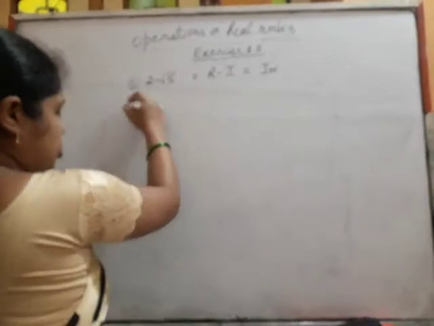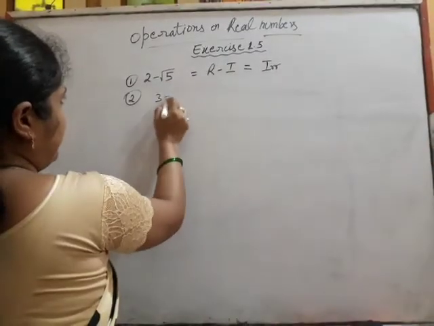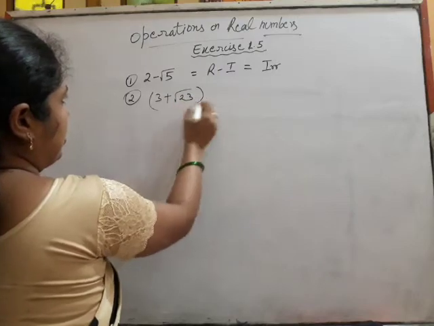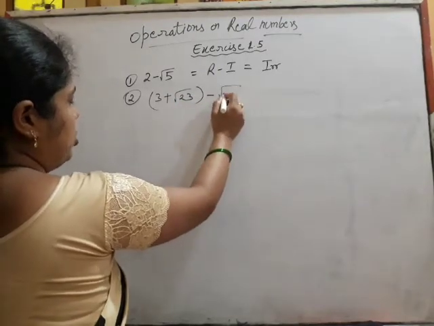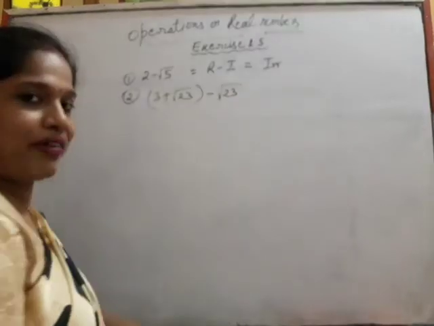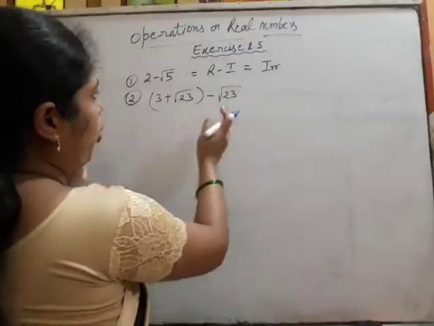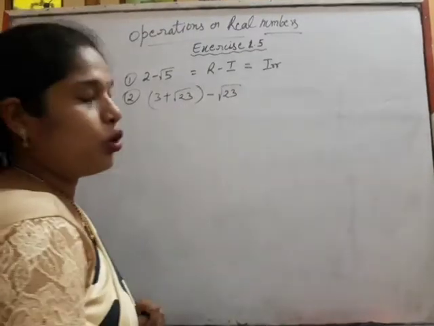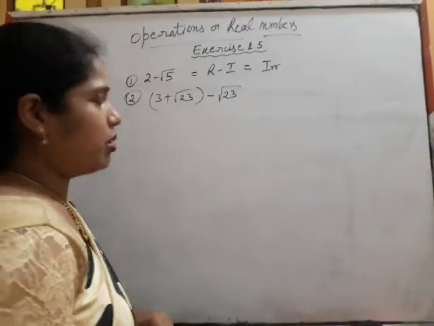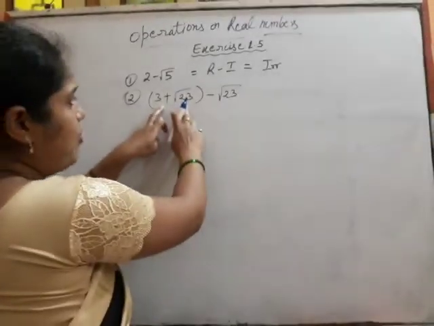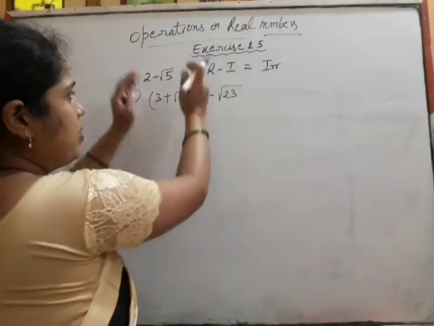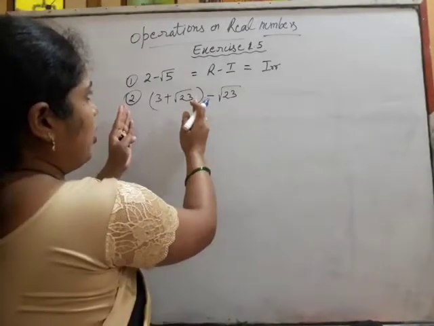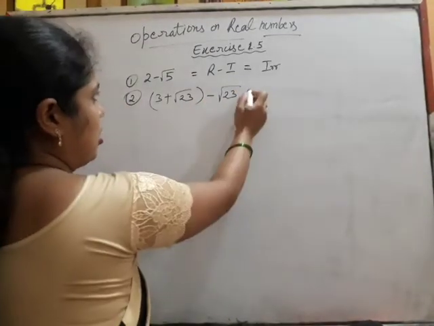Now the second question: 3 plus under root 23, minus under root 23. When we open the bracket, 3 is a rational number and under root 23 is an irrational number, so the number inside the bracket is irrational, and the other bracket is also irrational.